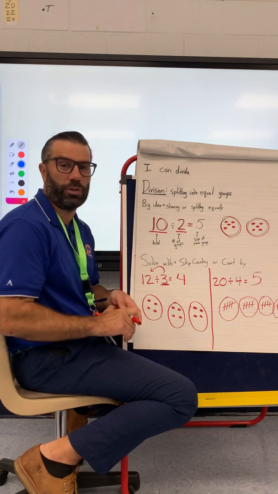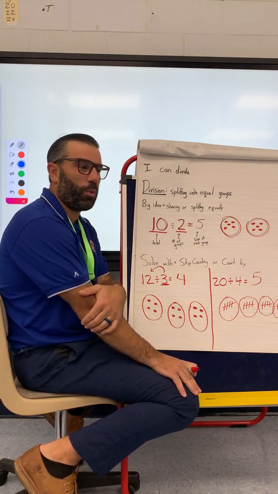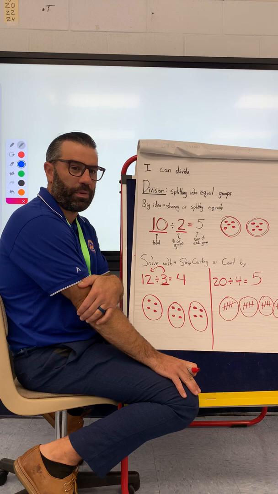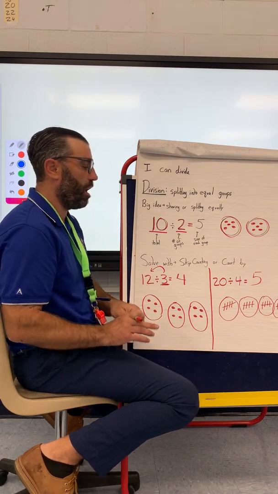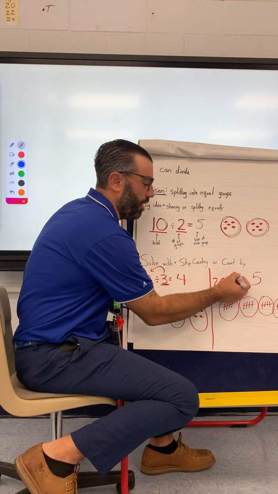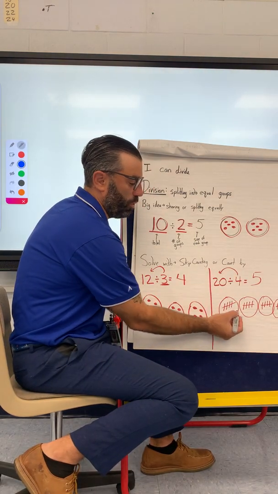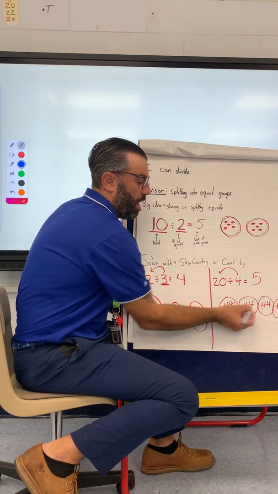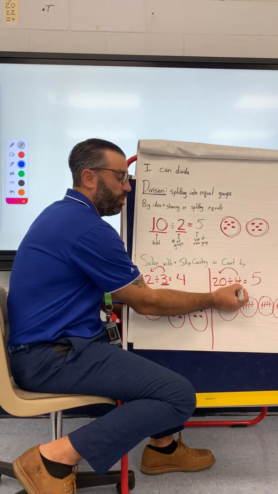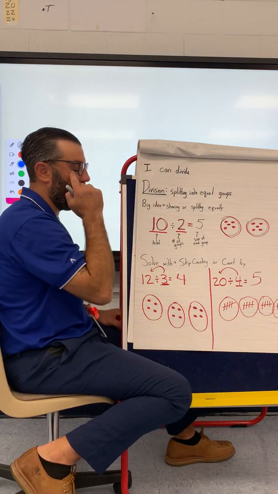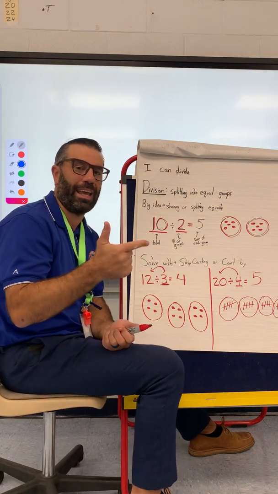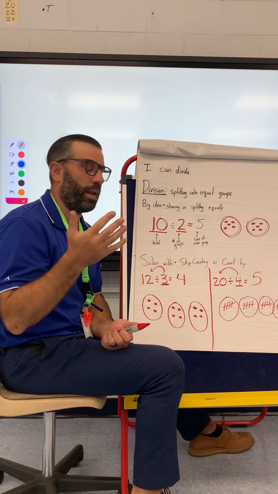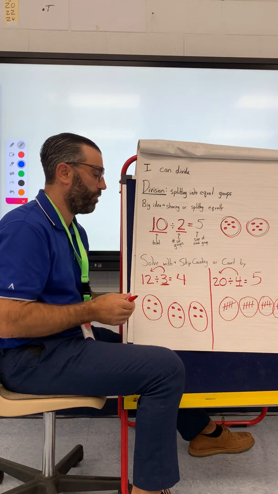I know you don't know all your skip counts just yet, but that's how we're going to do this once we learn our skip counts, which we're going to start getting into later in the week. Or if I was doing 20 divided by 4, I could do it with a count by picture, or if I knew how to count by 4s, like how many 4s are in 20, I could just skip count by 4s: 4, 8, 12, 16, 20. But that's for later, okay?